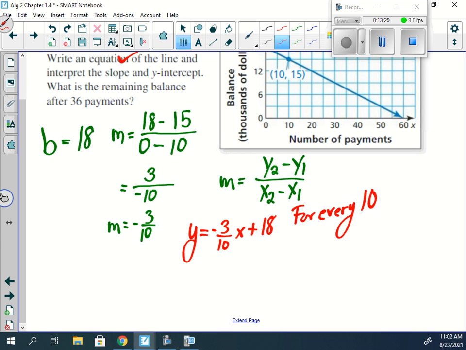For every 10 payments, what happens? What do we call it? They call it the balance. Goes down what?